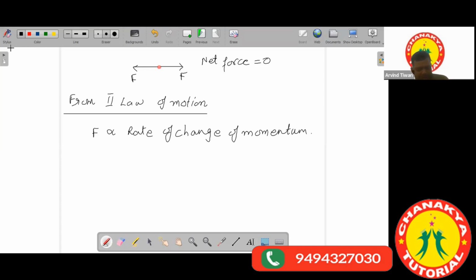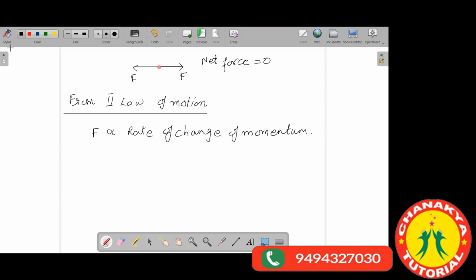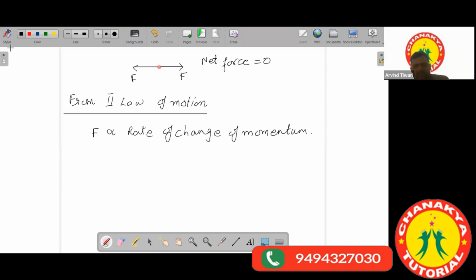Can you give any example of quantities which are directly proportional to each other? Yukta, can you give any example? No one? Okay, just revise your mathematics.